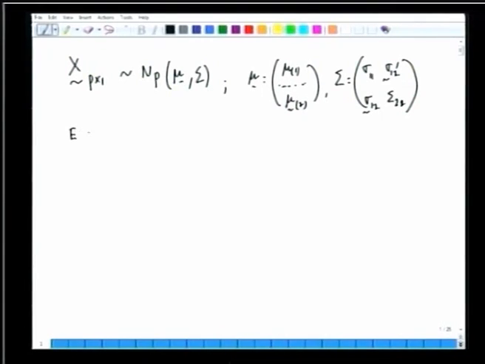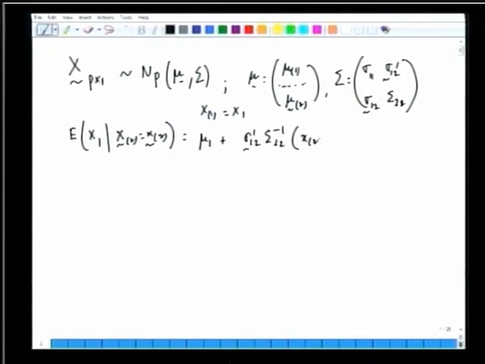And we had said that if I consider the conditional expectation of x1, without loss of generality, we take x1 as the first random variable, so that I consider the conditional expectation of the first member of the partitioned vector conditioned on x2. And if you recall, this was nothing but mu 1 plus sigma 1 2, this is from our earlier results on multivariate normal, and this was then x2 minus mu 2, right.